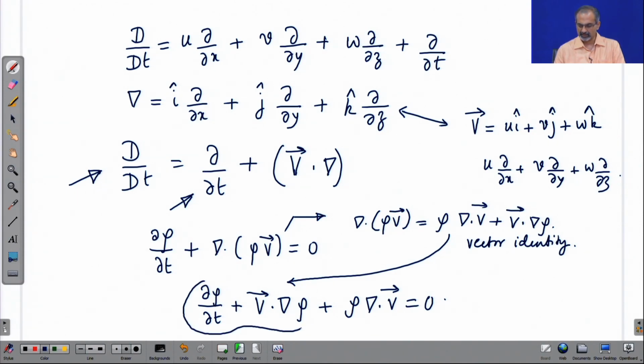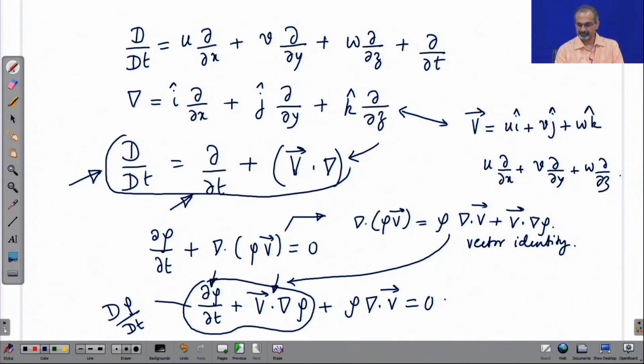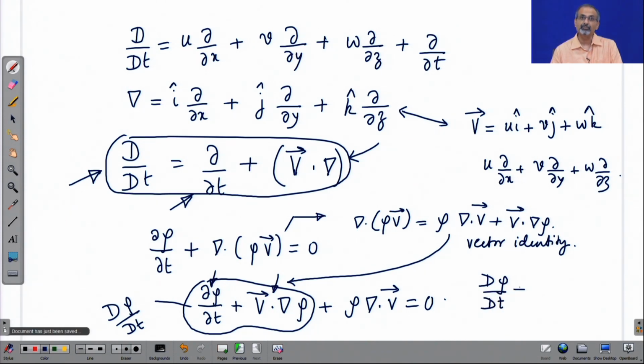Because you can recognize this part as substantial derivative of rho. You can see the operator del del t and the v dot del operator here, like we have mentioned in this equation, which means the continuity equation in the substantial derivative form can be represented like this.